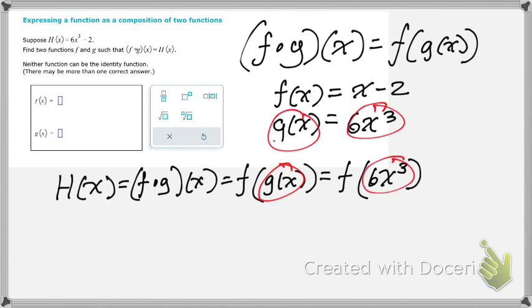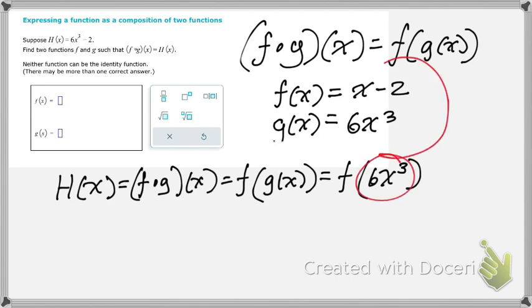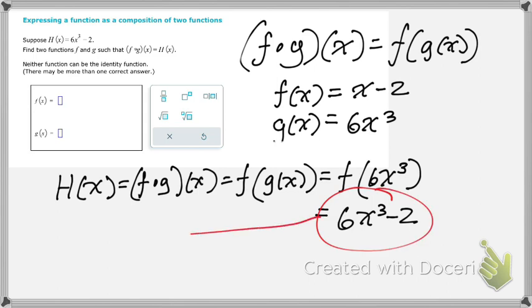So I put a 6x cubed in for that g of x. And then what's f of that? Well, I plug that into the function f, and I get 6x cubed minus 2. And that is what h of x is. It is 6x cubed minus 2.